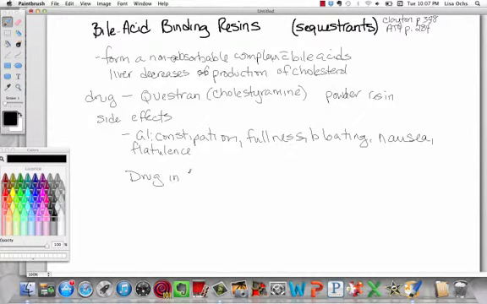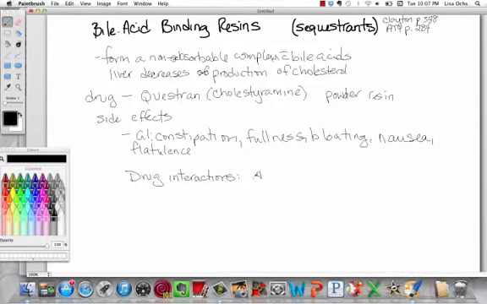Let's see what else. It has some significant drug interactions. Because it is binding everything else, it can also bind drugs. So think about it, if it's binding all of these cholesterol molecules, it's also going to bind drugs and make them ineffective.